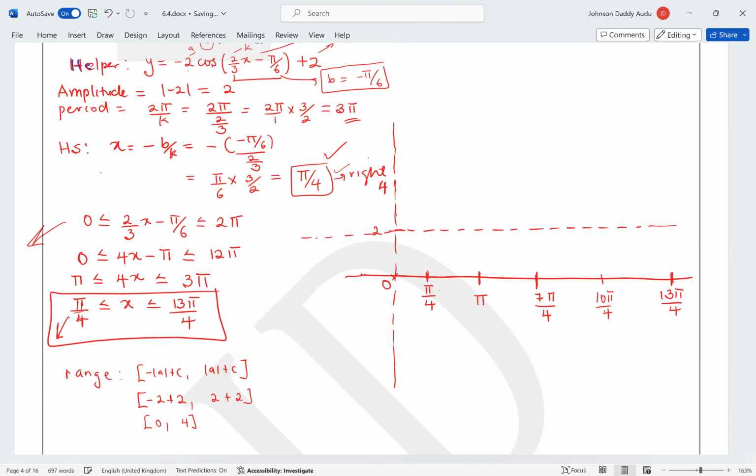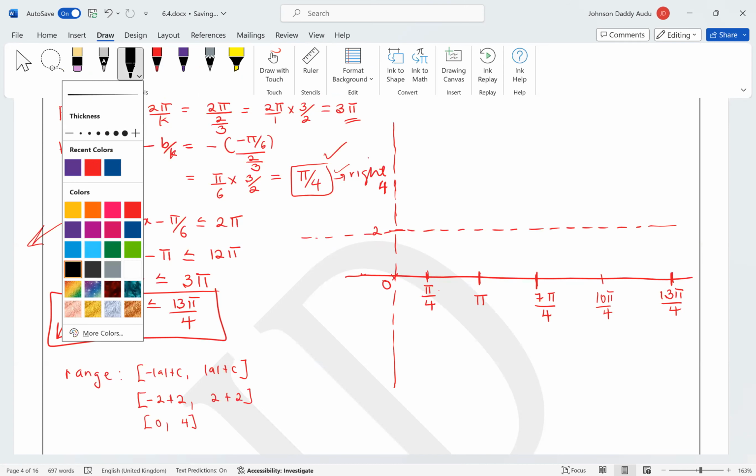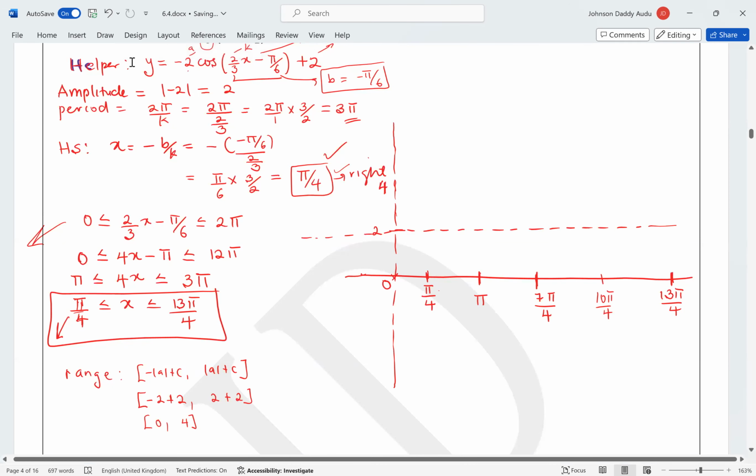All right. So let's sketch the graph now. This is the graph of cosine, but we should know that there is a minus here, so it means there is a reflection, right? What is our starting point? Our starting point is not 0. Our starting point is actually pi over 4.